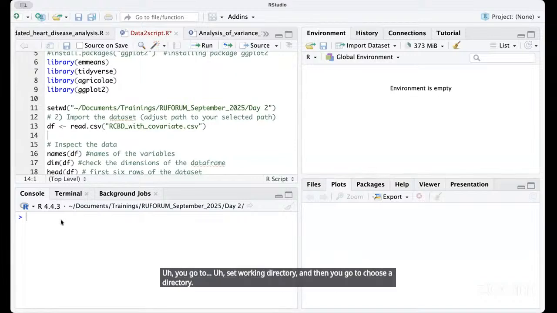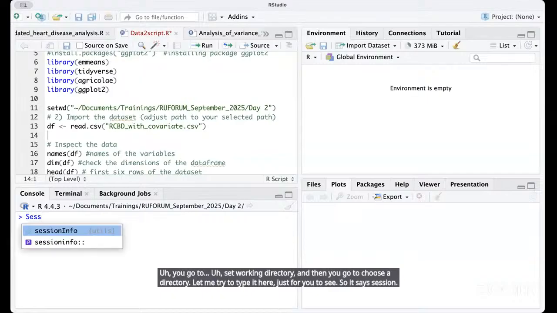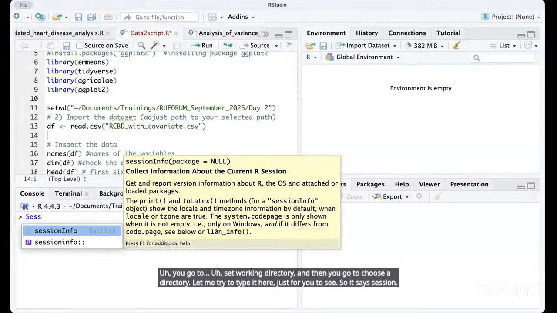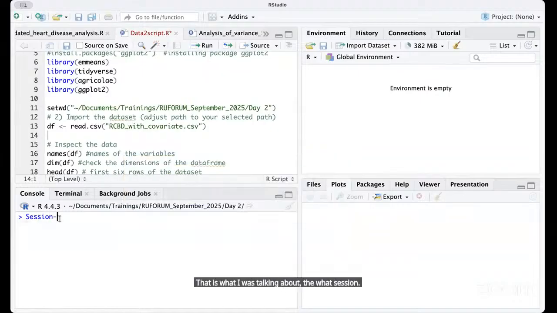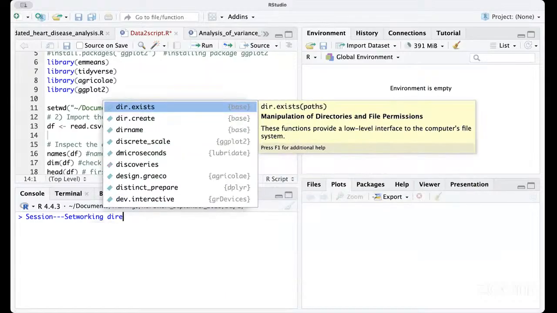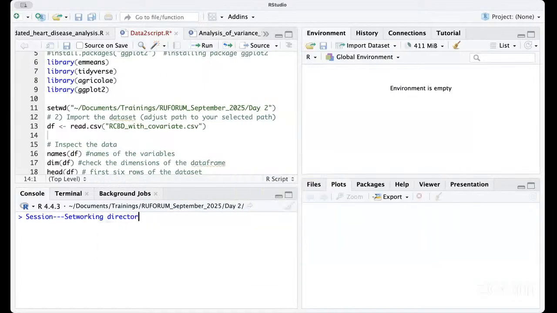Let me try to type it here just for you to see. You say session. That is what I was talking about, the word session. After session, you go to set working directory, and then you go to choose a directory.